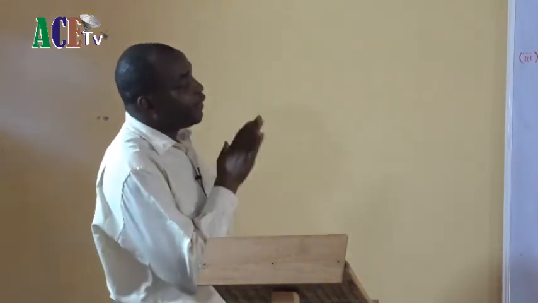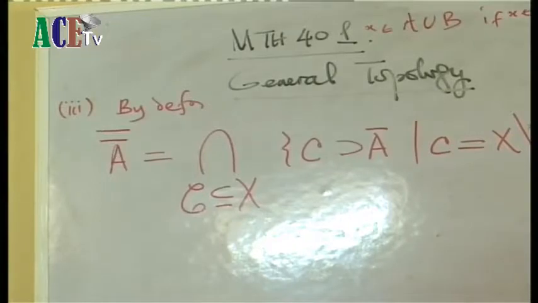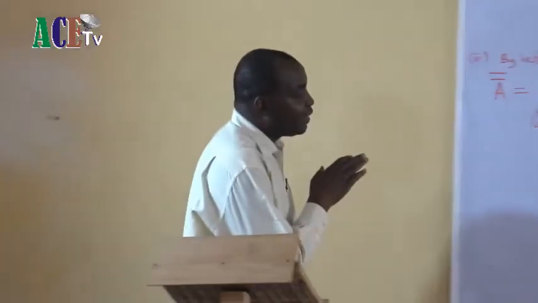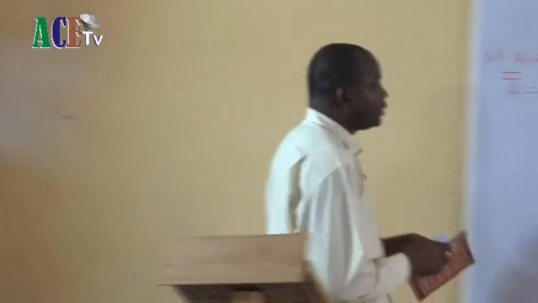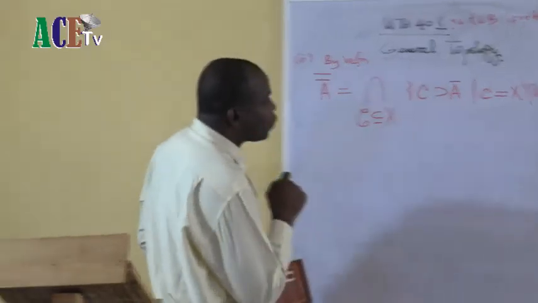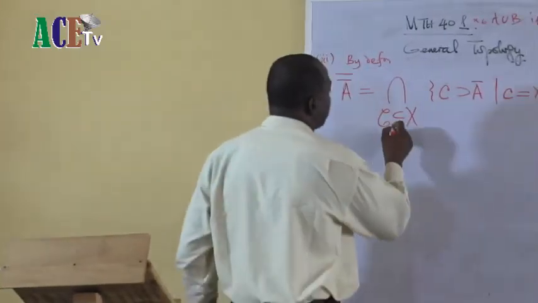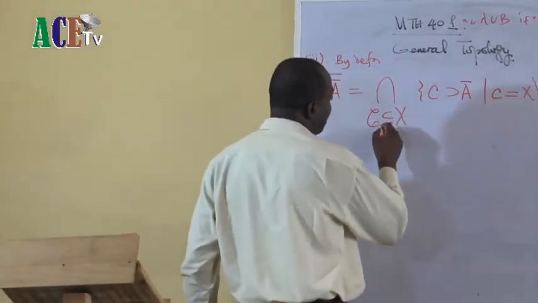Now, if this is the case, and you have this as the closure of A, I'm going to give this closed set here a number.